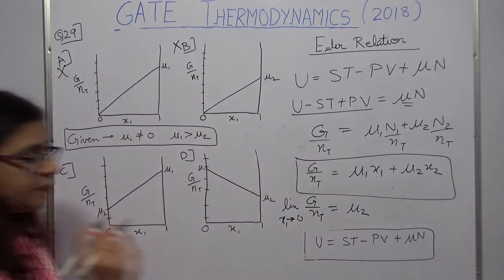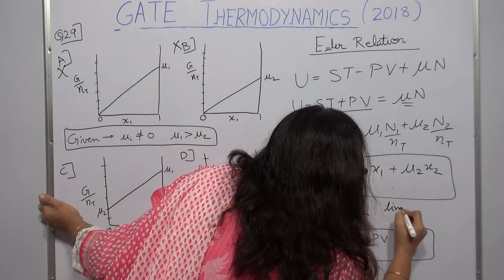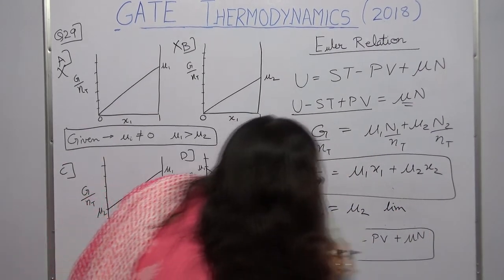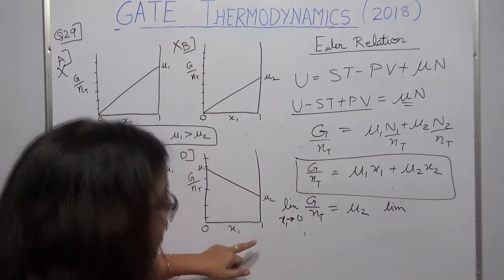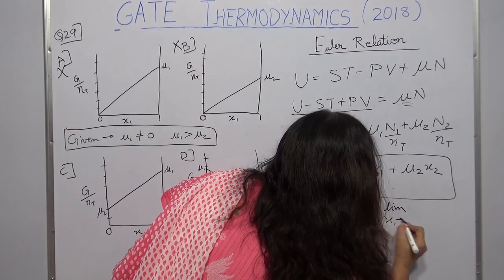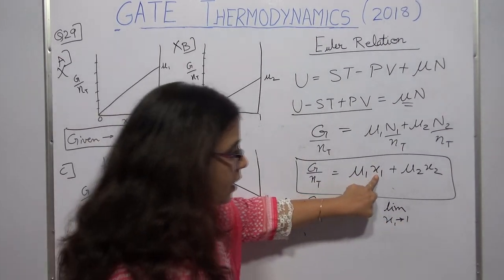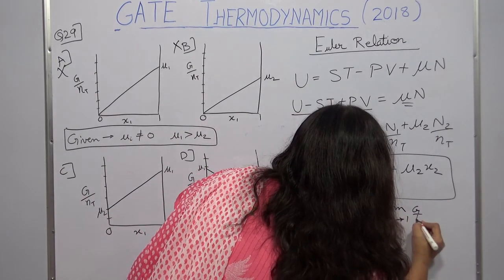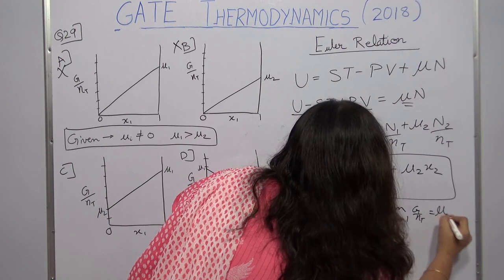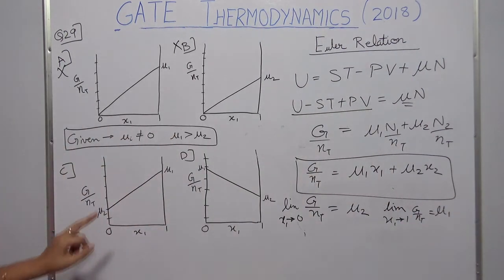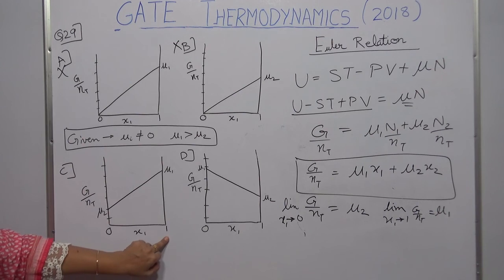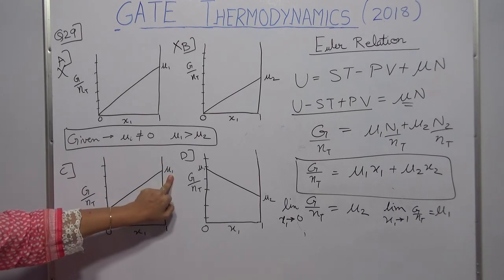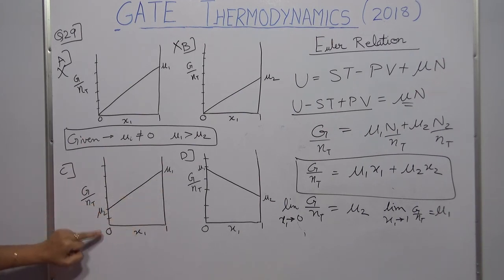Similarly, if I take the limiting case when x1 tends to 1, then x2 tends to 0, and what I have is G by NT equal to mu1. So when x1 tends to 1, G by NT is equal to mu1, and when x1 tends to 0, G by NT is equal to mu2.